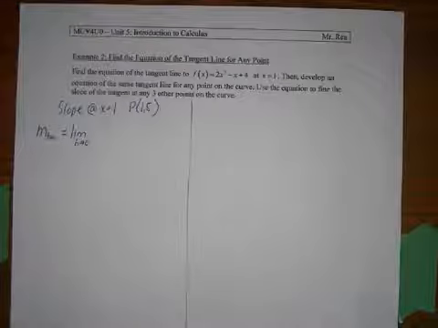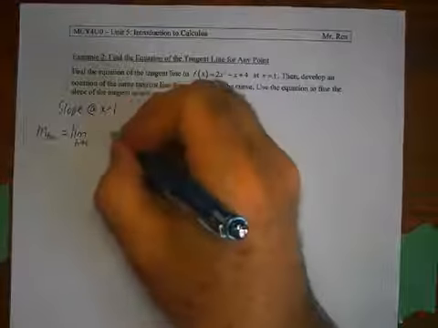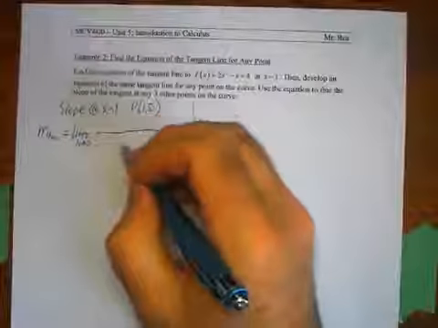Again, we're going to do the limit of the rise over run, delta y over delta x. So that's going to be f of 1 plus h.